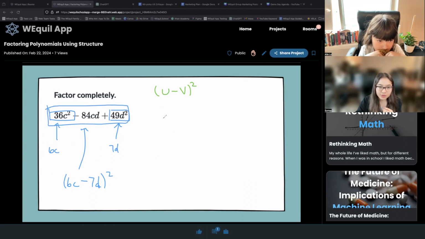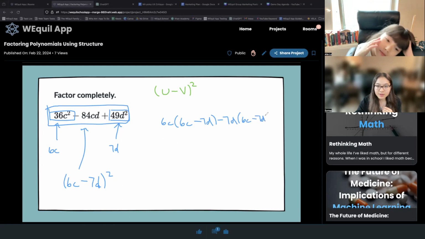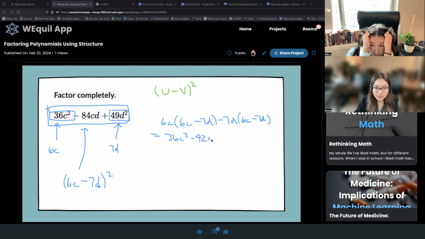And I can prove it to you. See, 6c minus 7d times 6c minus 7d equals 6c times 6c, which is 36c squared, which we see over here, minus 7d times 6c, which is minus 42cd, doesn't matter the order.